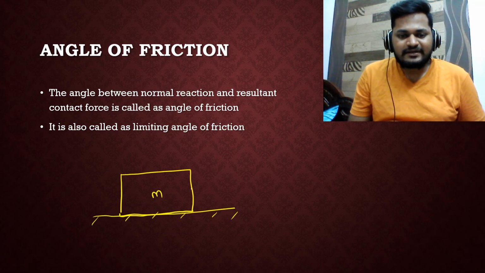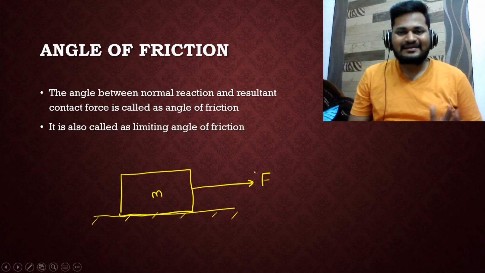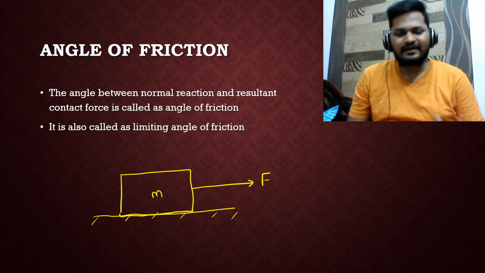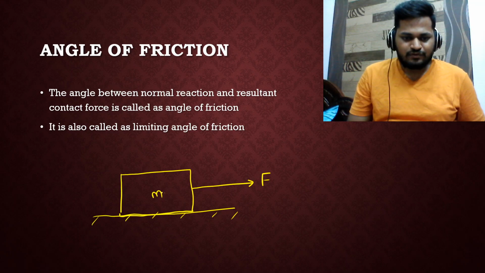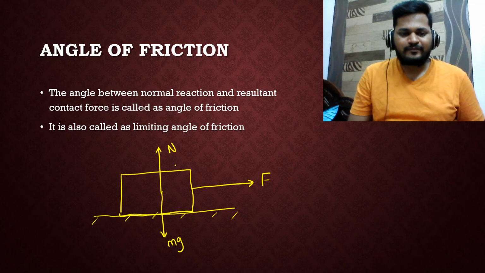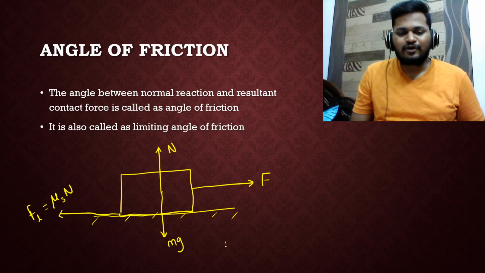Now I am exerting an external force, and it is at its maximum value of static friction, and it is at rest. If I draw its free body diagram, its weight is acting downward, the normal reaction is acting upward, and friction will be acting in the backward direction: limiting friction, which will be mu s times the normal reaction. In this case, the normal reaction is equal to the weight.